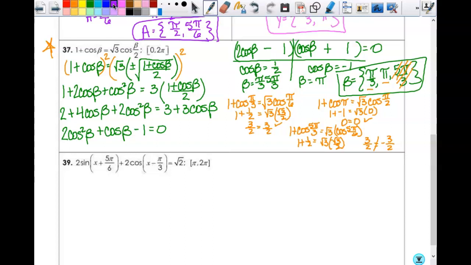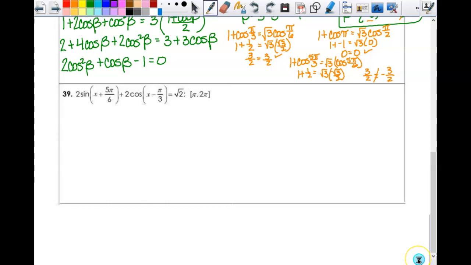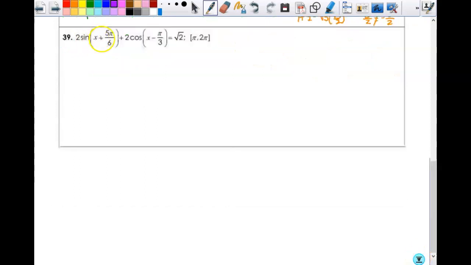Okay. All right, last one. So I have the sum and difference of angles going on here, so I'm going to substitute in here the sine of a plus b and the cosine of a minus b.